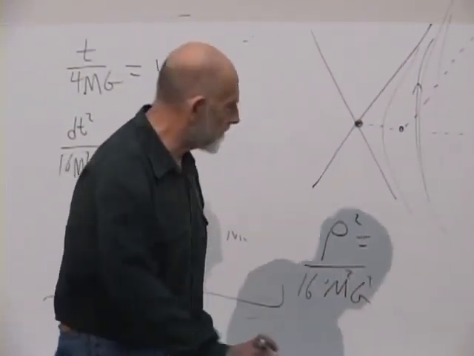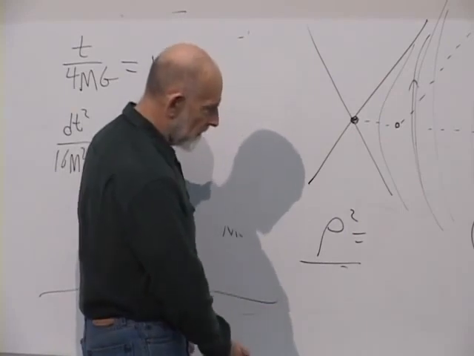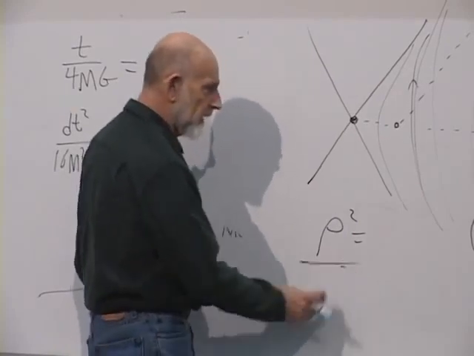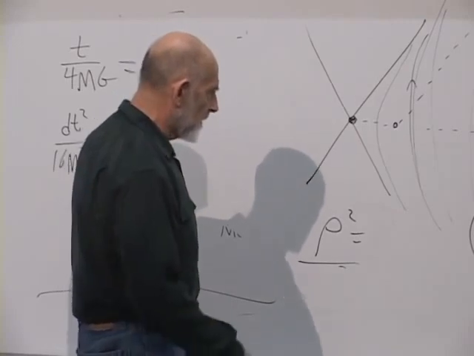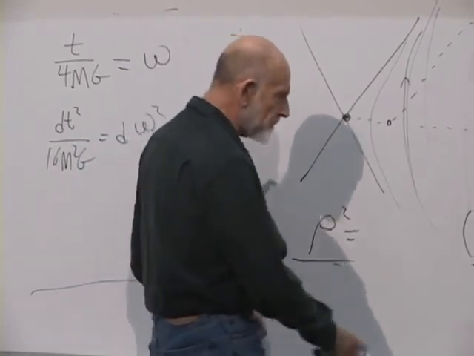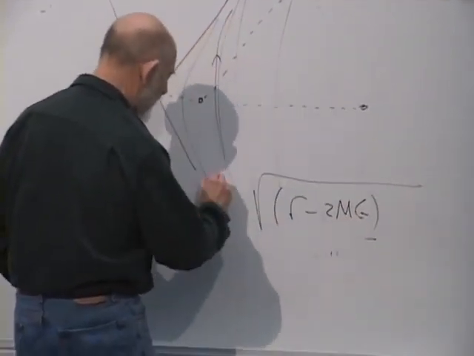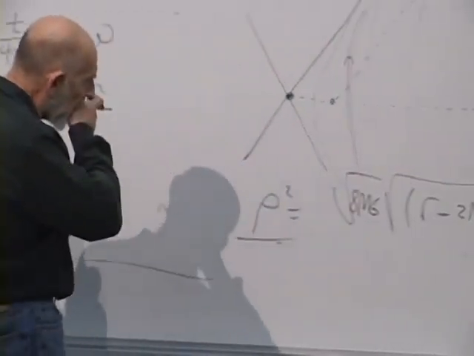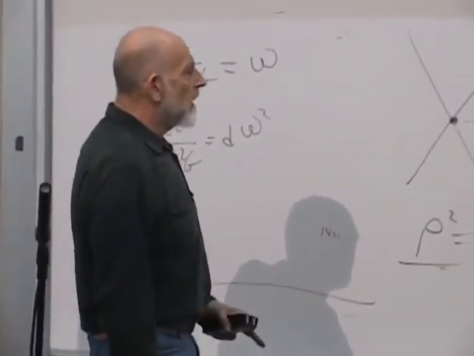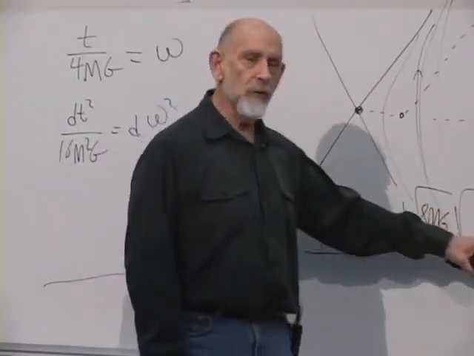Let's get it back again. It's got a square root and then another square root of 8MG. Okay. As long as r is bigger than 2MG, the square root is positive.